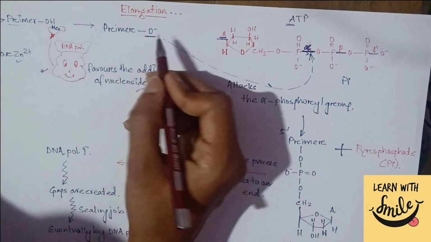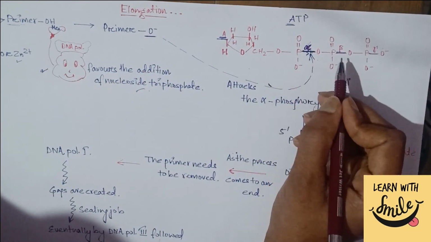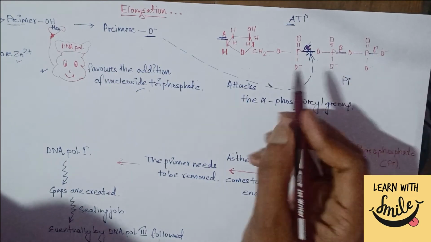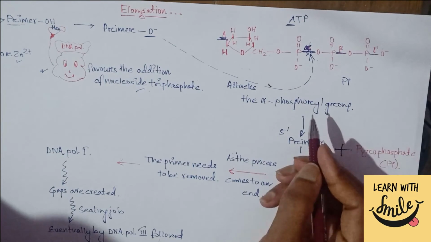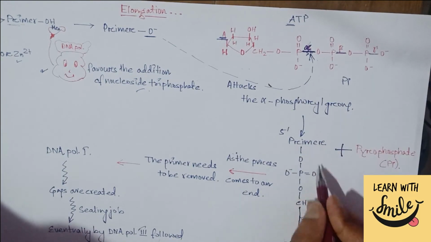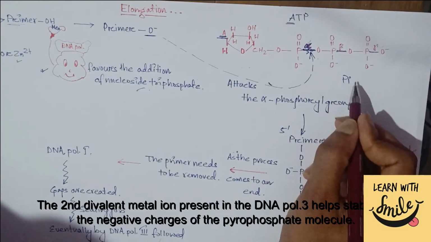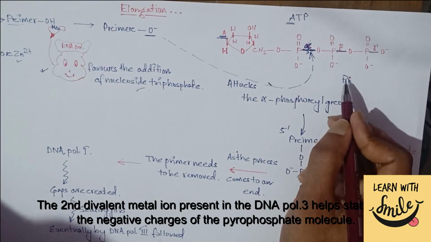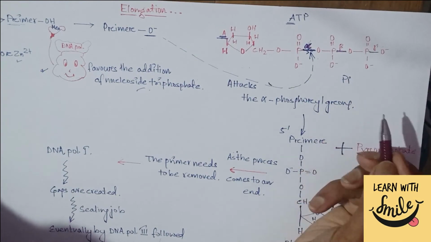This alkoxide ion attacks this alpha bond and breaks it into two different molecules. The first molecule is the AMP, which gets associated with the alkoxide ion in this particular way, and the second is the pyrophosphate, which thereafter is hydrolyzed with the help of an enzyme known as phosphatase.